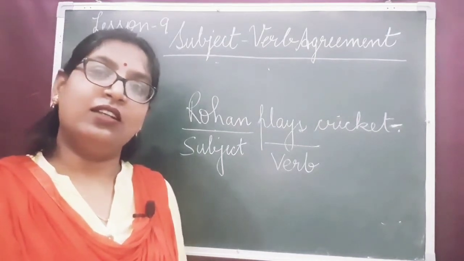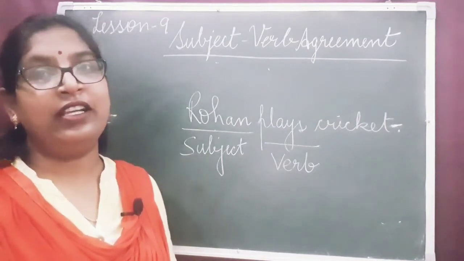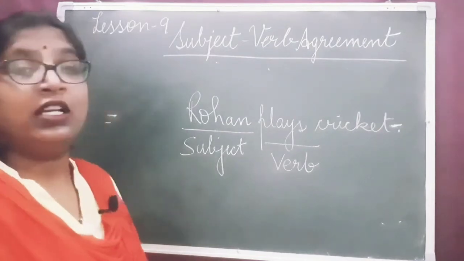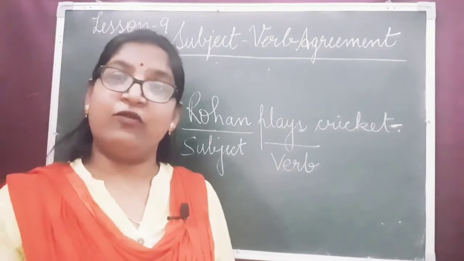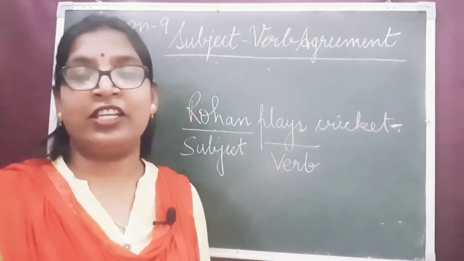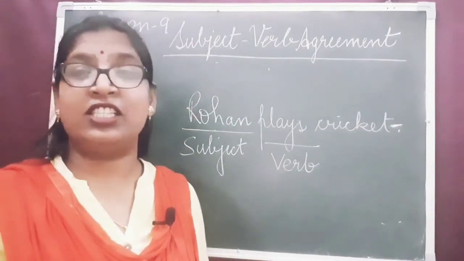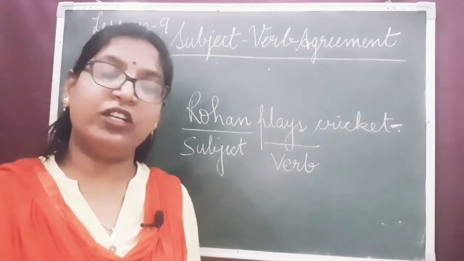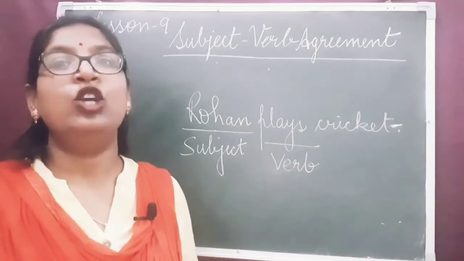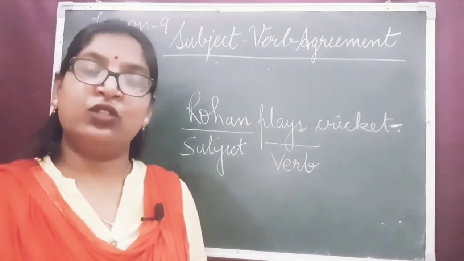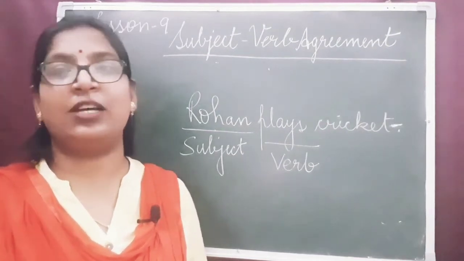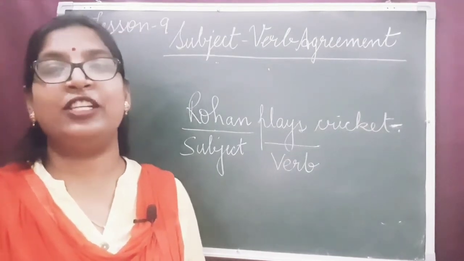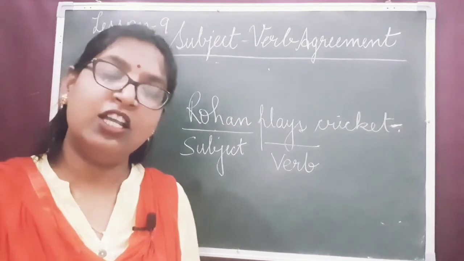When the subject agrees with its verb, we'll see. In a simple way we say, if the subject is singular, we use the singular verb. If the subject is plural, we use the plural verb. Likewise, according to the subject, when we use the verb, we say there is agreement between the subject and the verb.